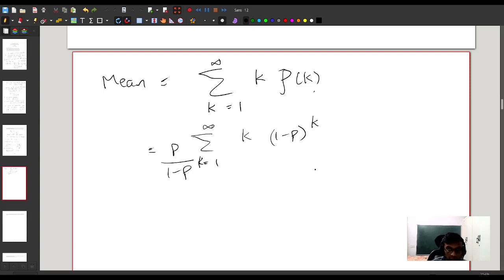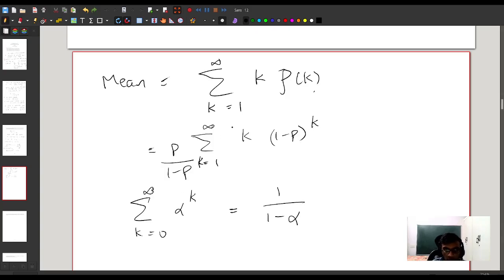We can find the answer to this series like this. We can start with alpha to the k, sum from 0 to infinity, which is going to be 1 by 1 minus alpha.